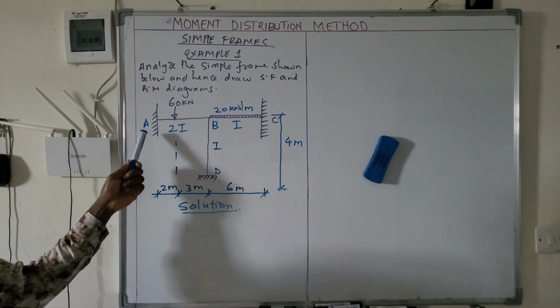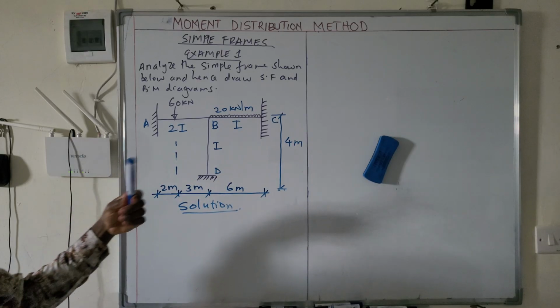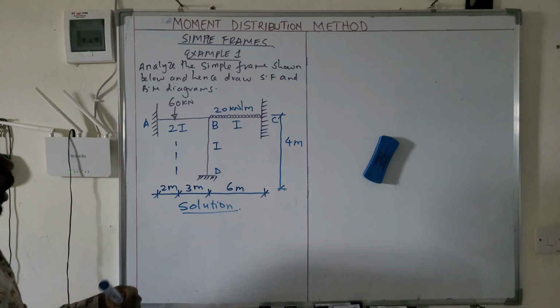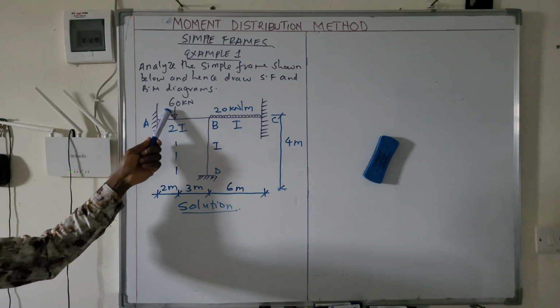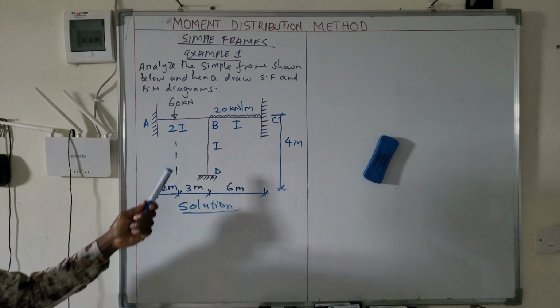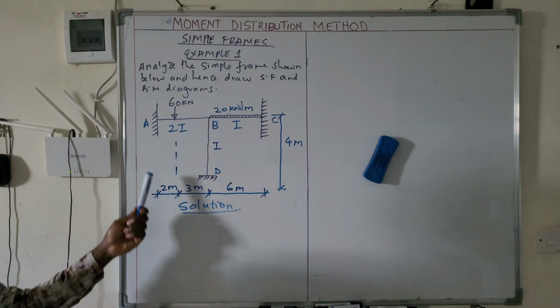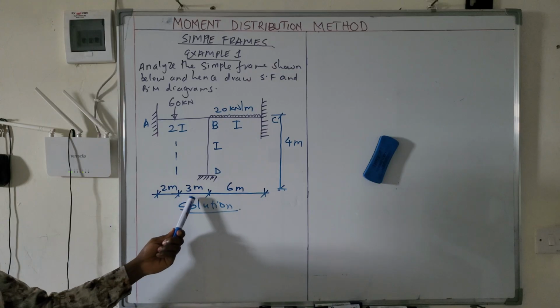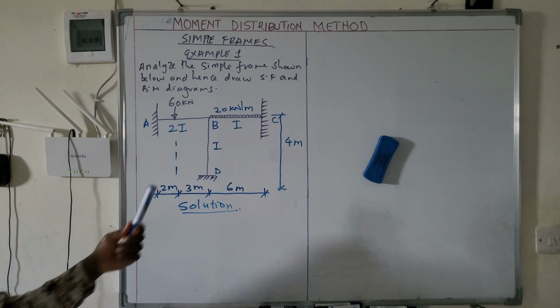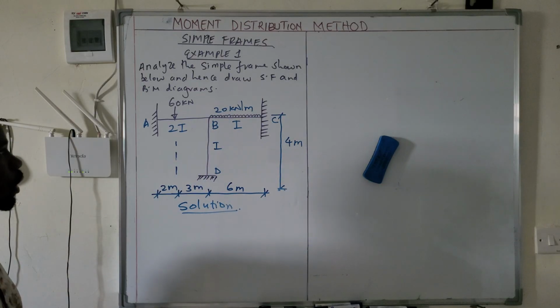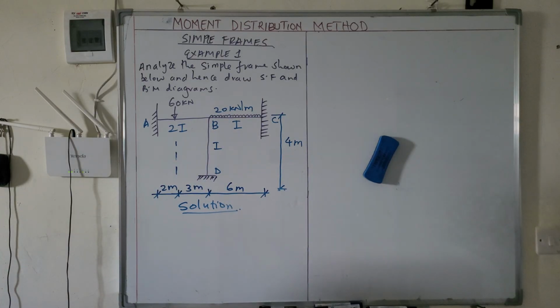It is fixed at A, also it is fixed at C, and also at D. Again, this simple frame is loaded with 60 kilonewton at 2 meters from point A and 3 meters from point D. Again, it is loaded with a UDL of 20 kilonewton per meter.